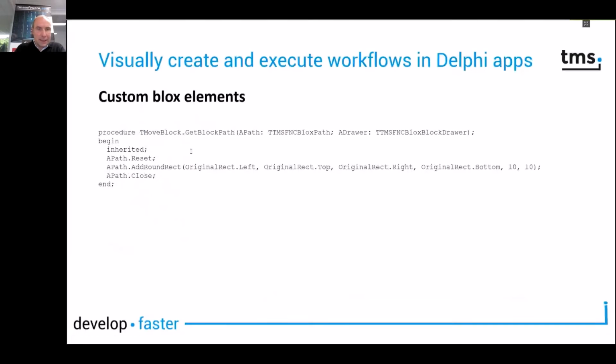Here we have the get block path override. As I explained, this get block path method is used to return the path that is used to draw the block. Note that get block path is a possible way to define the shape of a block. It is equally possible to override a paint method from where you can do custom painting of a block.